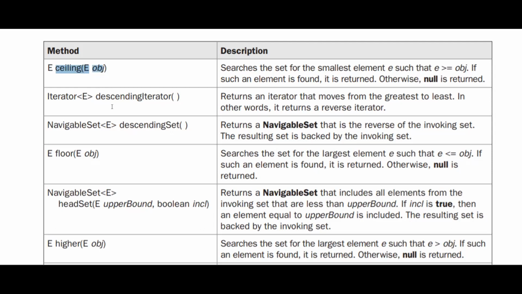Then descendingIterator. The descending iterator will return an iterator that moves from the greatest to the least. So it is nothing but a reverse iterator. An iterator that moves from greatest to least means reverse indexing, we can say like that.